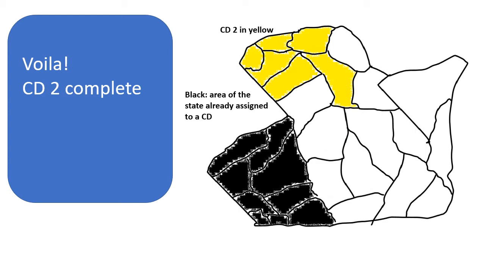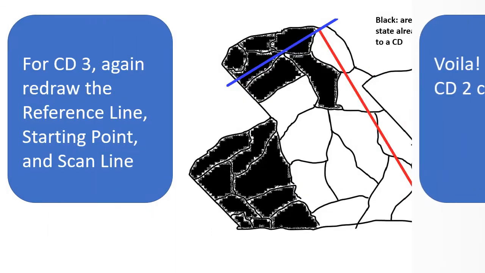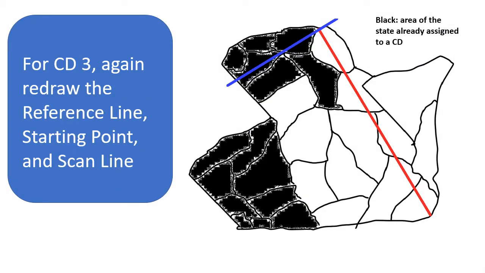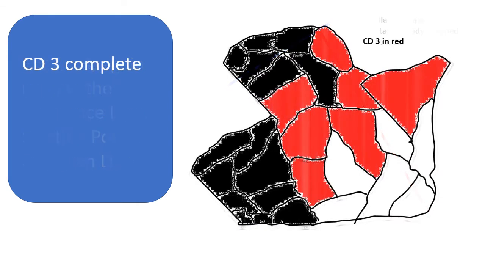Drag the scan line along the reference line, adding ZCTAs to CD2 until CD2 is complete. For CD3, draw the reference line, the starting point, and the scan line. Drag the scan line and add ZCTAs until CD3 is complete.